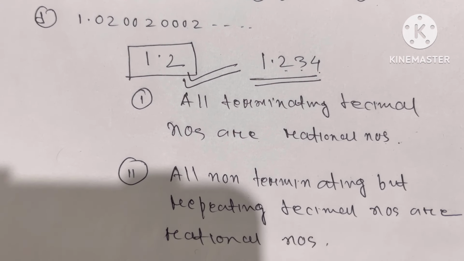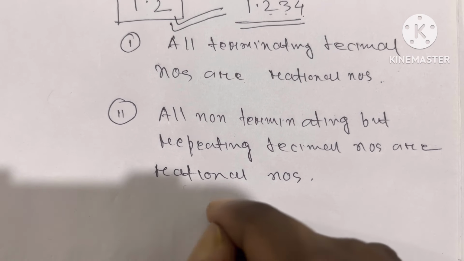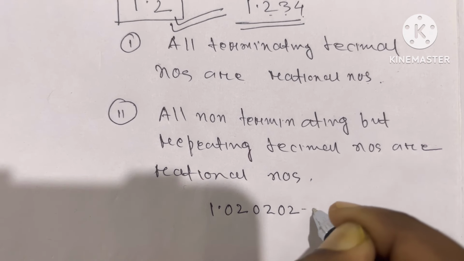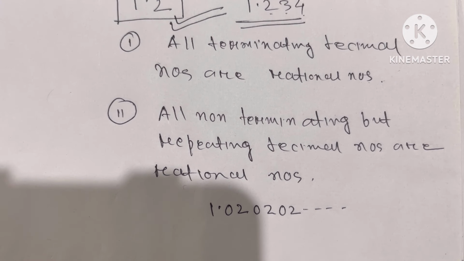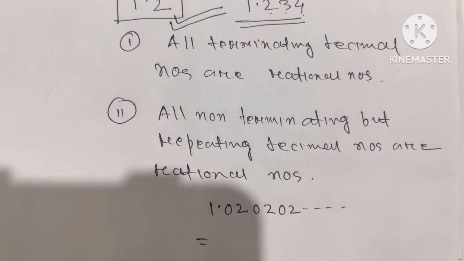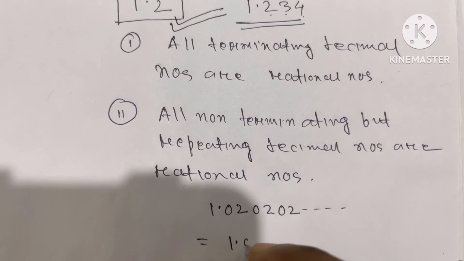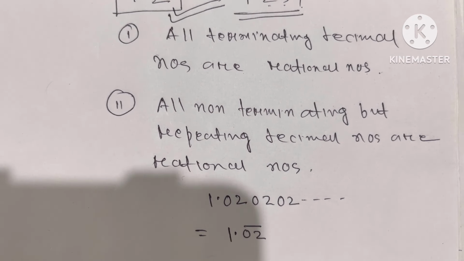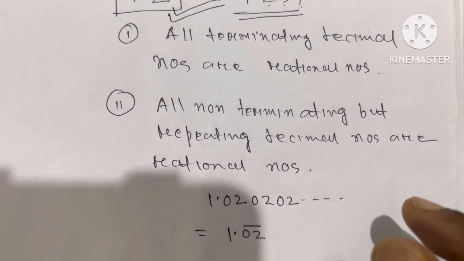So what do you mean by non-terminating repeating? Non-terminating means, for example 1.02020, after the decimal you will get the same digits, always the same digits will come. You can simply say bar numbers. So 1.02 can be written as 1.02 bar. So the numbers which can be written in the form of bars are rational numbers.